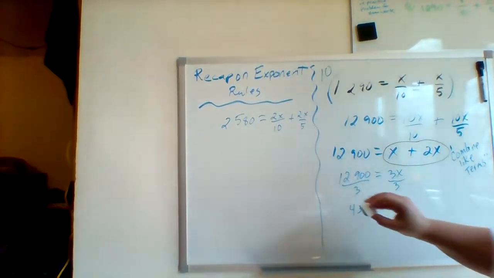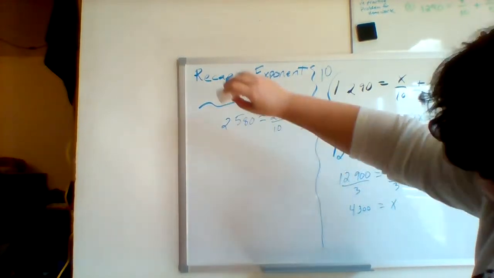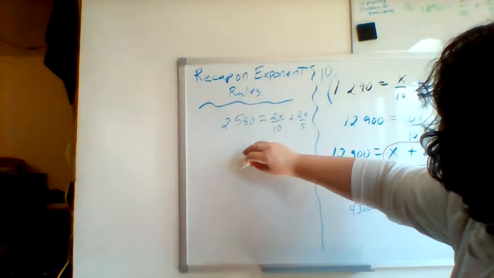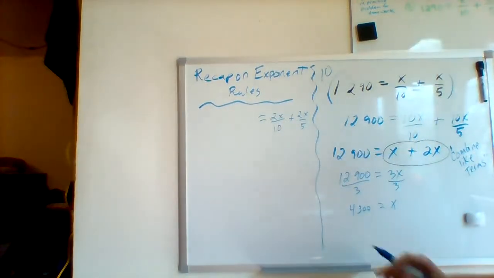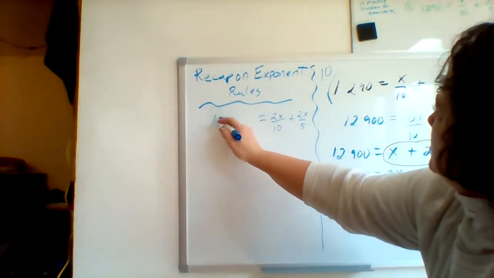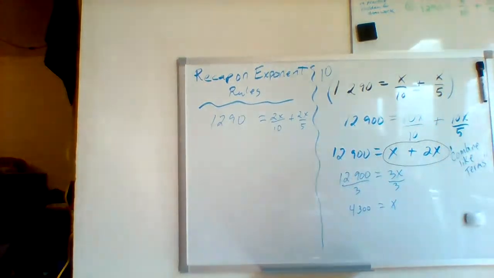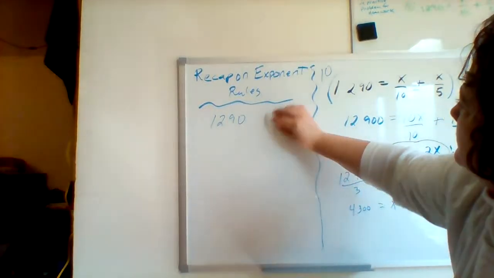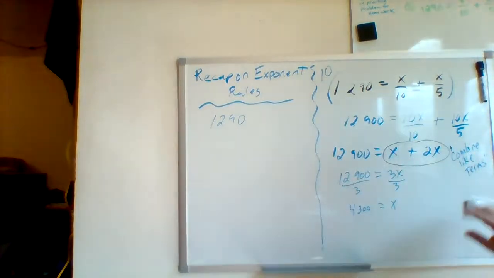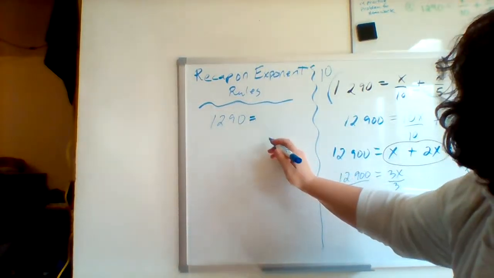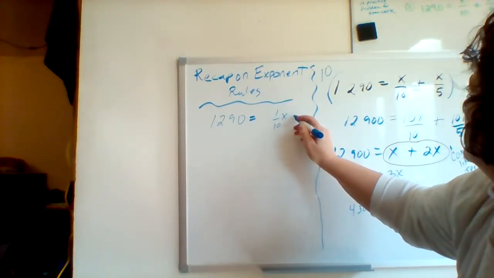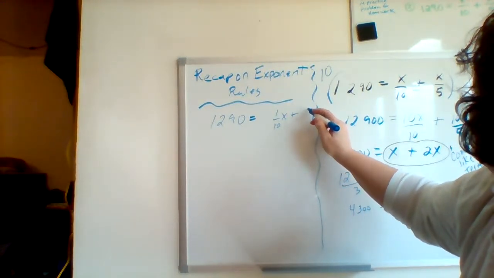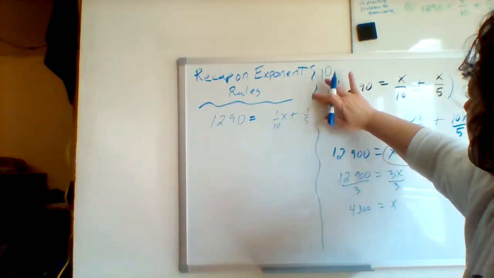Now, I'm going to put that back to 1,290. We have 1/10 x plus 1/5 x.